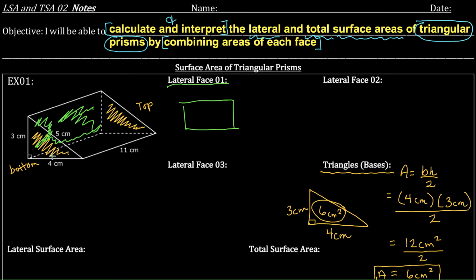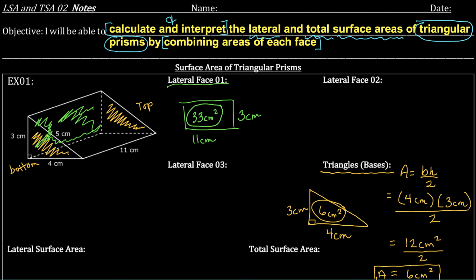This is the base of this. It's 11 centimeters. And the height of this rectangle is 3 centimeters. So base times height will give me an area of 33 centimeters squared. That is our area. That's how many squares it takes to cover the inside.